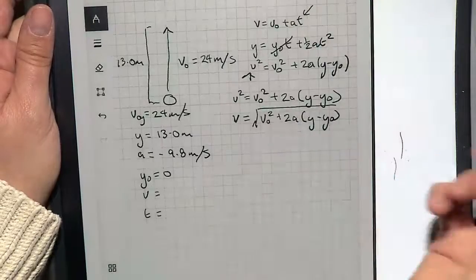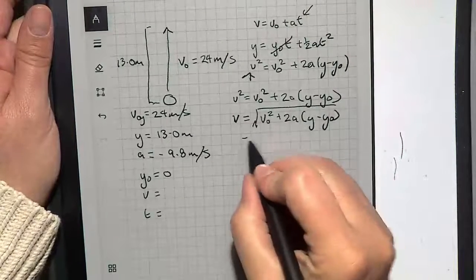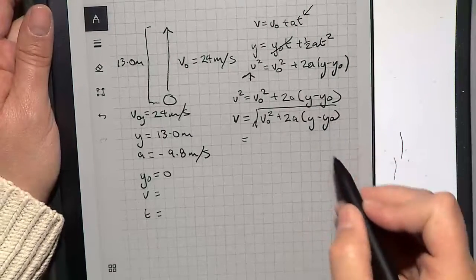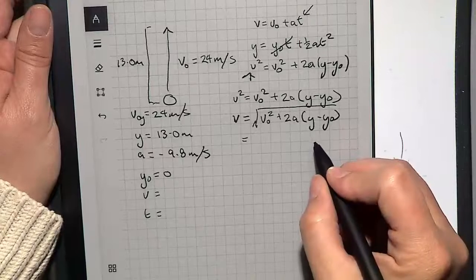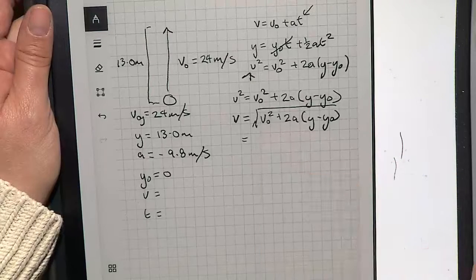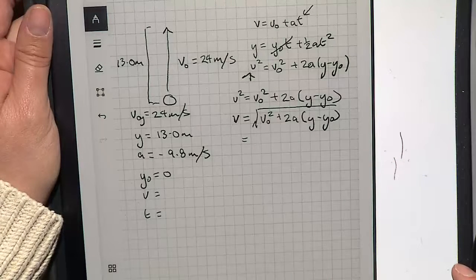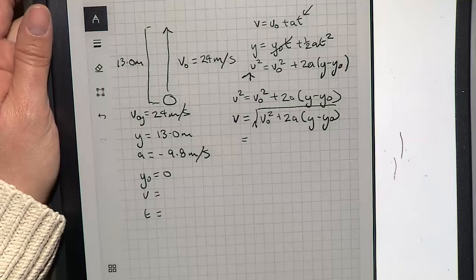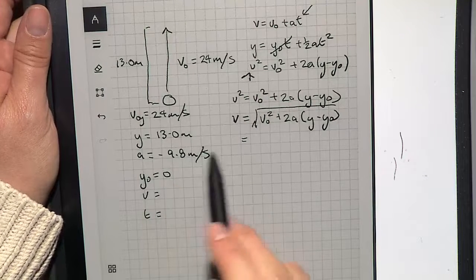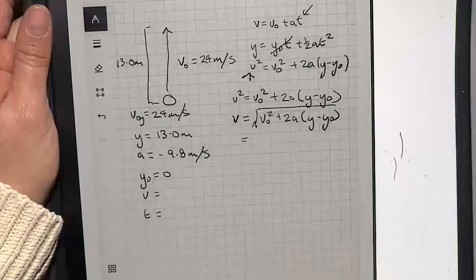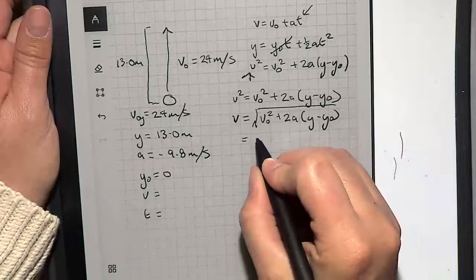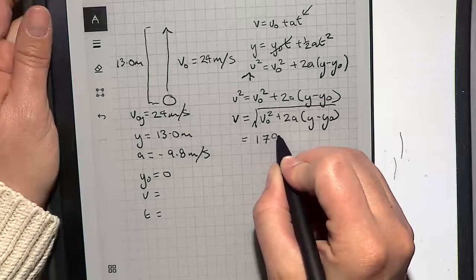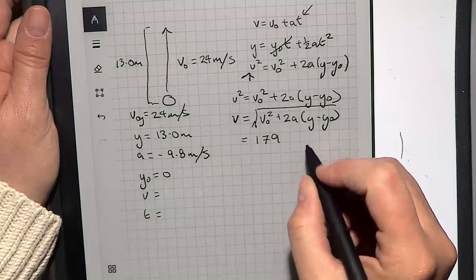And we get that expression, and we can start putting in. So like you said, that's the change in y. It's going to be 13 metres. We have initial velocity of 24, so we can actually solve that quite easily. And we also have minus 9.8 here. So what you should get for that one is 179 metres per second.